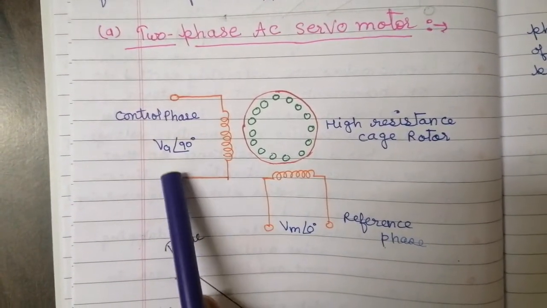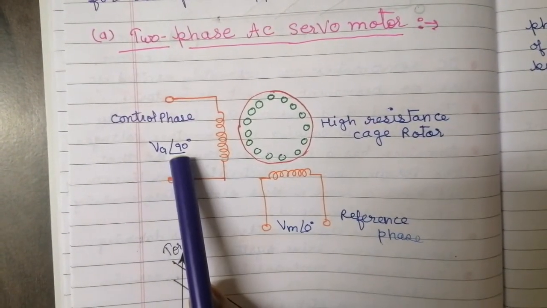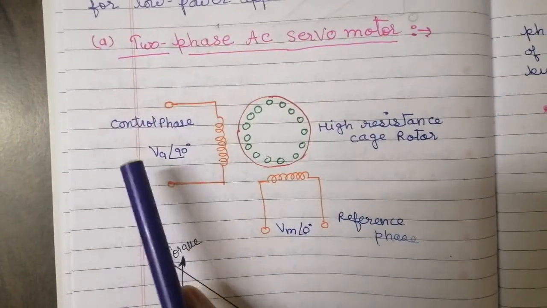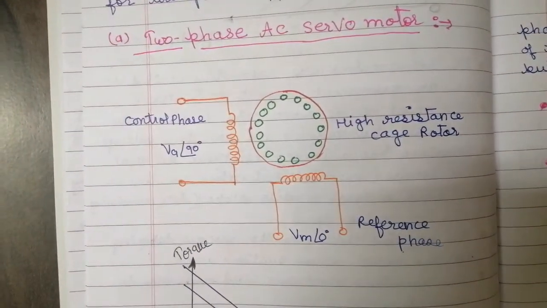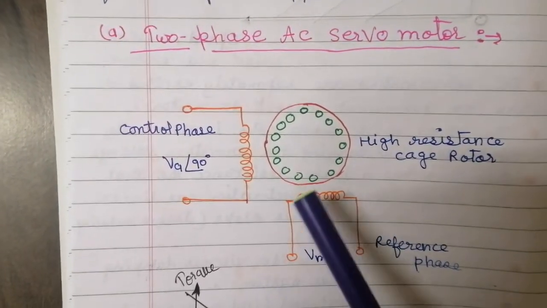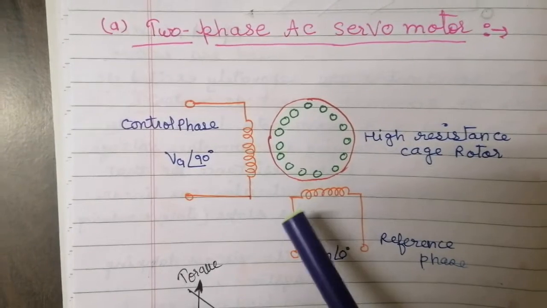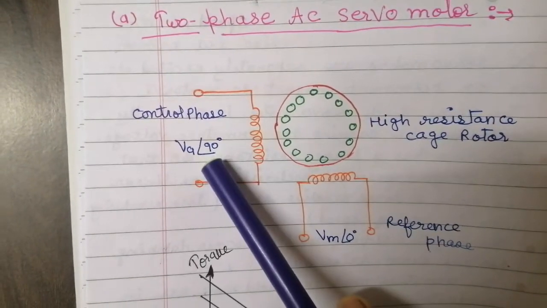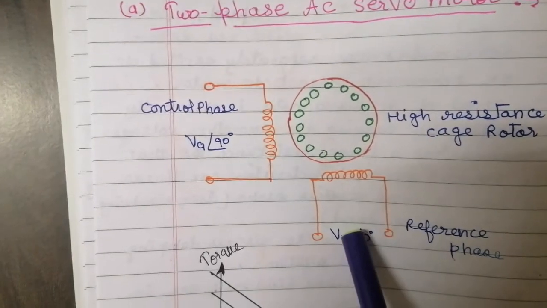This control phase is always supplied by a servo amplifier. One amplifier is there which supplies this control phase. Here the speed and the torque can both be controlled by controlling the phase difference between the control phase and the reference phase.